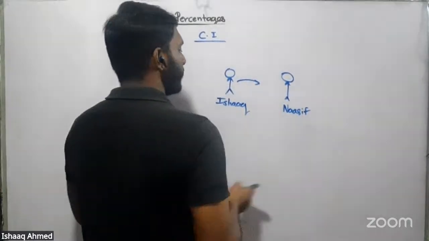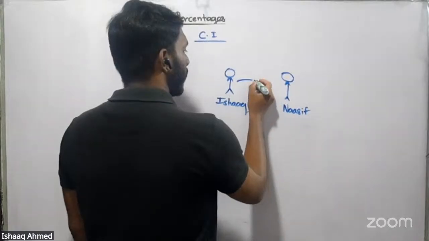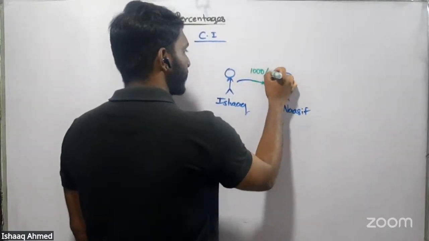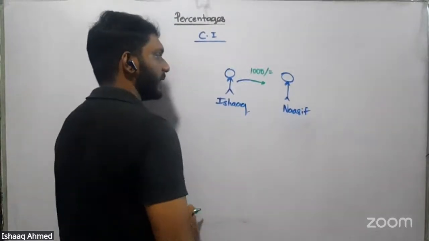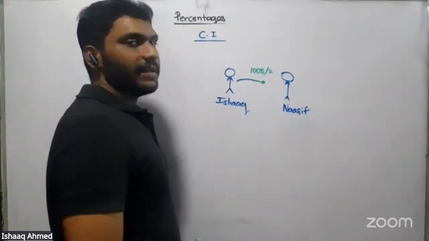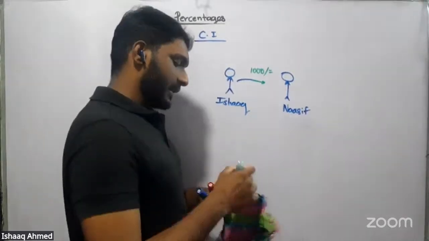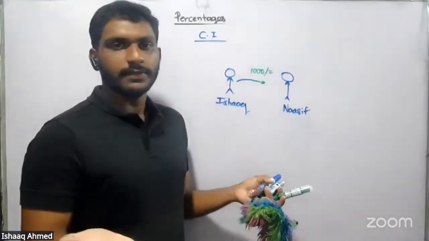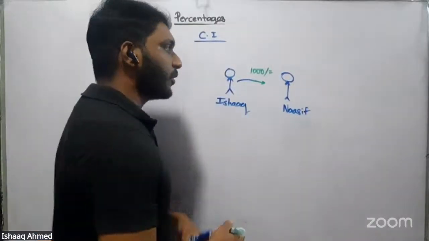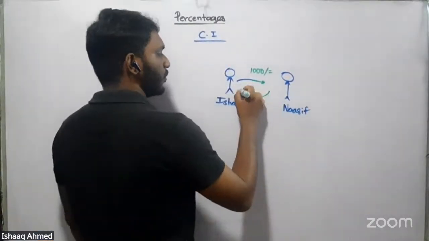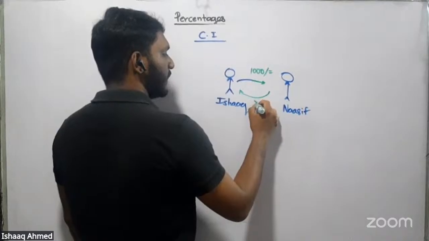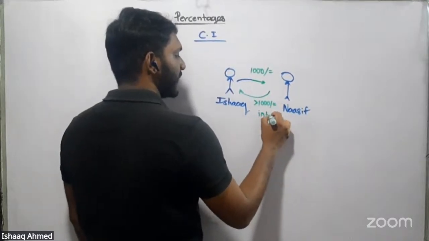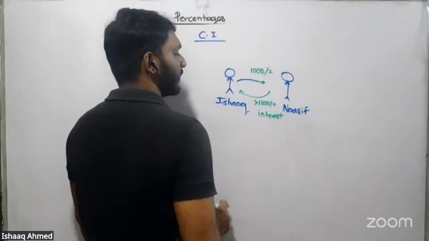I am going to give my friend Nasif a loan of 1,000 rupees because he asked me. I'm giving you the loan, but I can't give it for free. When you give me back the loan, you have to pay me more than 1,000. You have to pay me interest as well. That extra money is what we call interest.